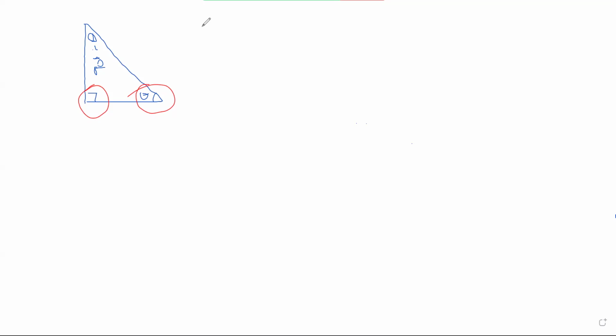Since theta is our given angle, which we are considering here, that makes this place our adjacent, our hypotenuse, and then our opposite.